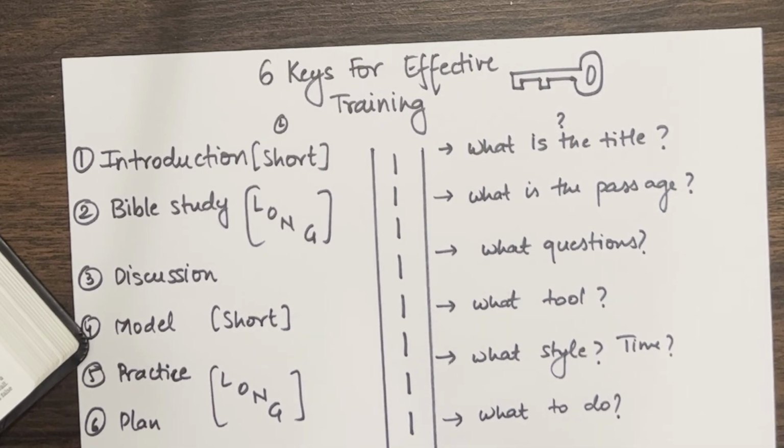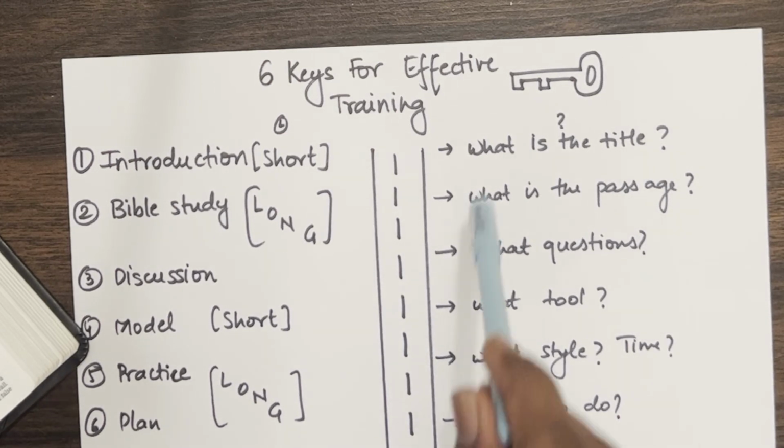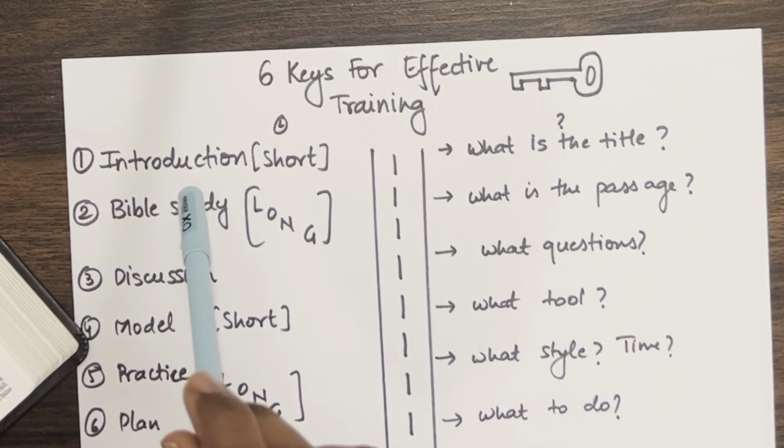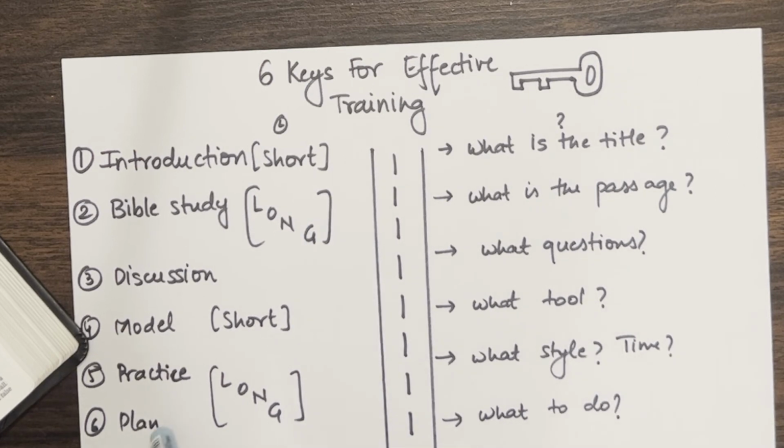If this is the highway, we want to take the long road and we don't want to take shortcuts. So maybe it's going to take additional time for longer Bible study, and maybe it's going to take additional time for practice. Well, if you skip out on Bible study and you skip out on practice, what are you left with? You're left with maybe something that they can't reproduce, maybe something that they don't have a foundation of the tool in the Word, maybe because they didn't have enough time of practice.